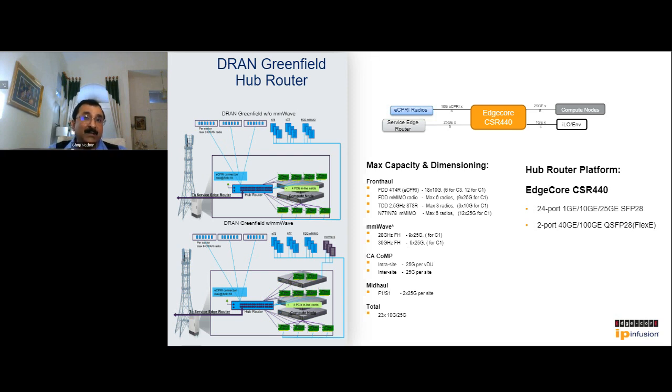Edgecore platform. In this case, it's a greenfield. We have shown some with millimeter wave as well as with various different kinds of transport and different kinds of radio configurations. We've given you a sample here, but it's not necessarily representative of everything that is out there.